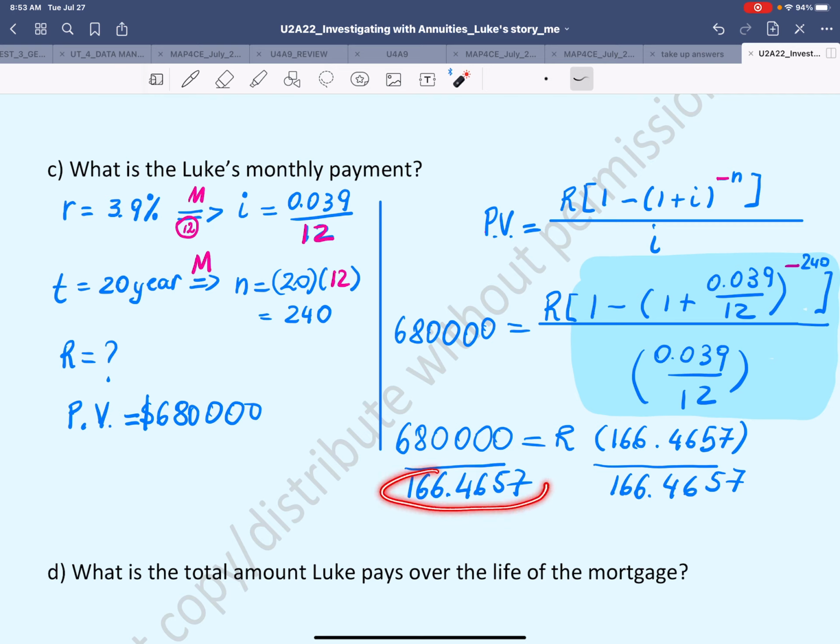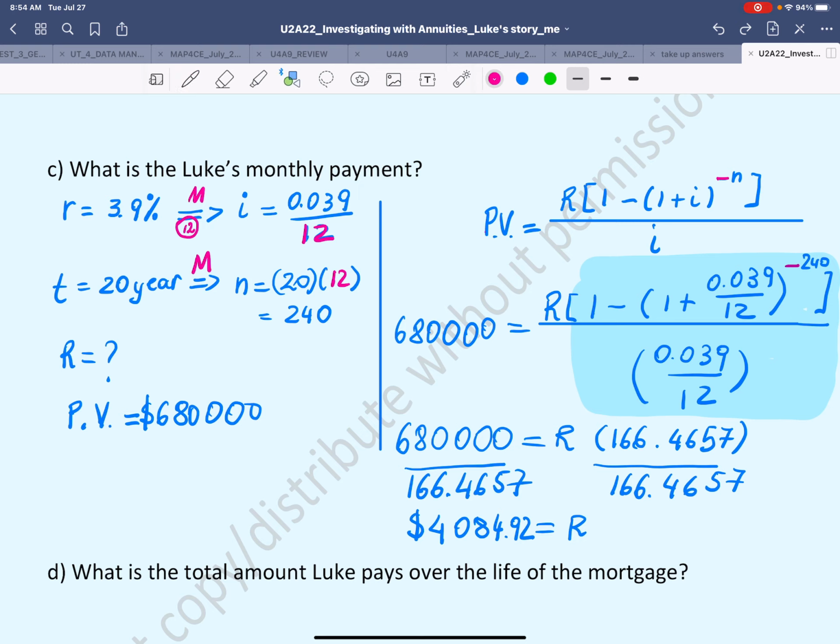And instead of typing this number, you can press a button on your calculator that says Answer. Every calculator has this button or function, so try to find it because it's in different spots on every calculator. If not, just type the number as is. I will divide by the answer, and I got $4,084. So the regular payment is $4,084.92 actually. So this will be what Luke has to pay every month.